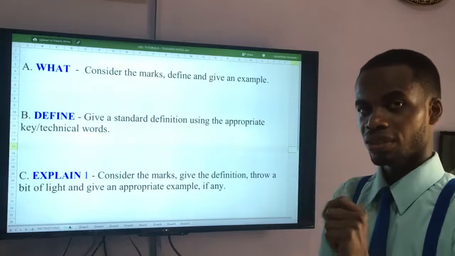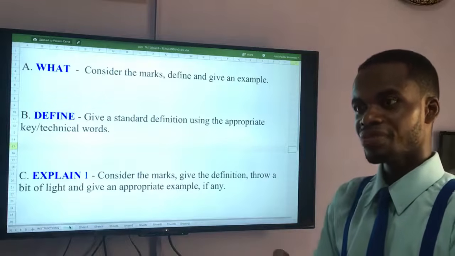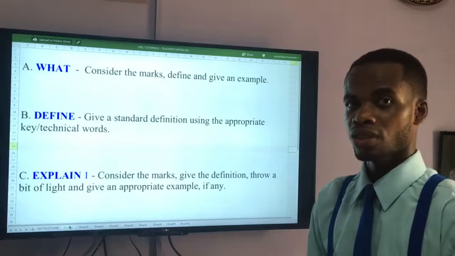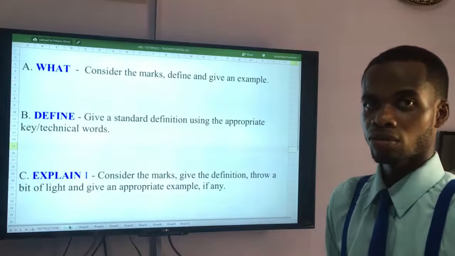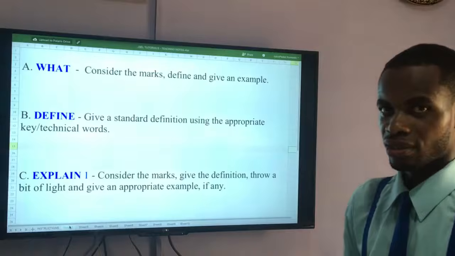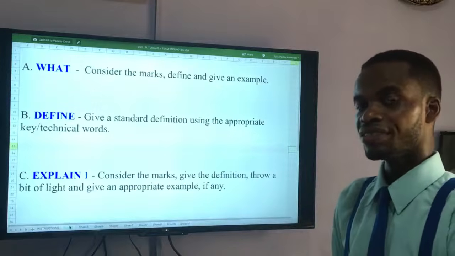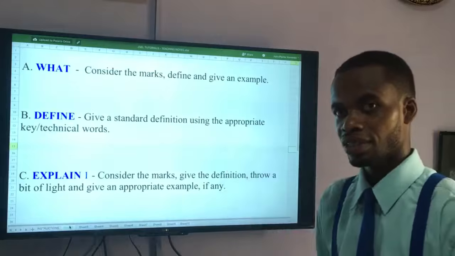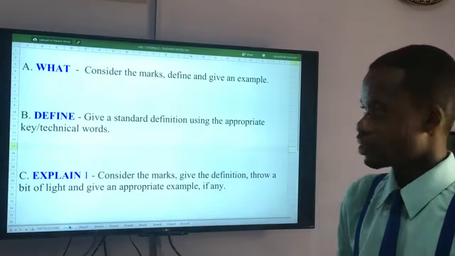Okay, the technical words are very important, and if you write them in just mere English words, you might end up getting half of the mark or something that you are not expecting. Okay, so to get a full mark, try and revise well, know the technical words, then you can put them together in a simple statement.